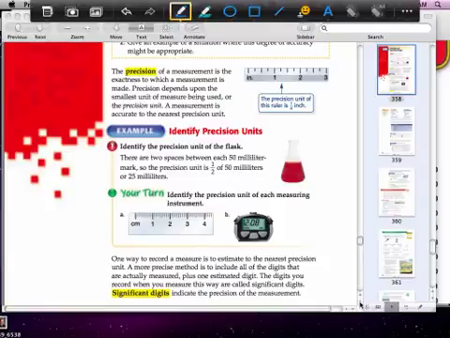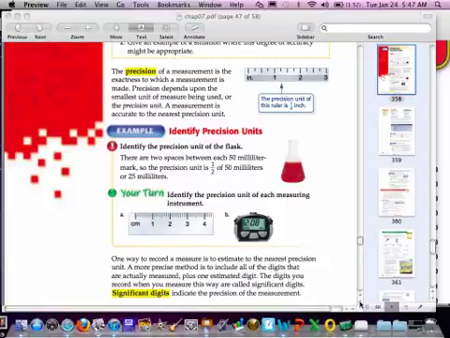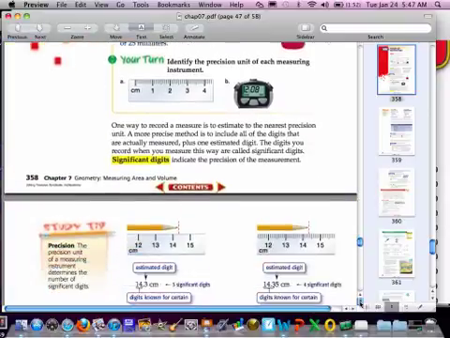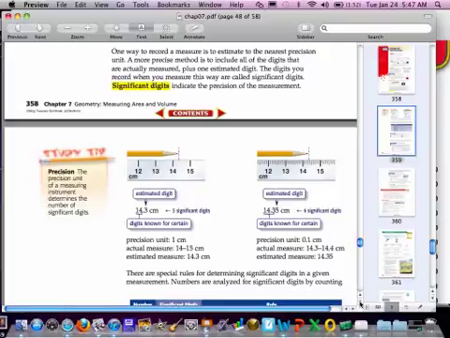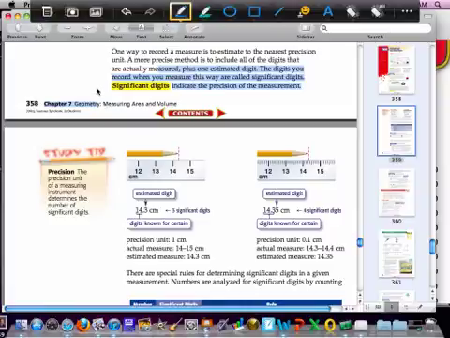Alright, let's go down and look a little bit down here. We talk about one way that we can record these measurements using precision, with something we call significant digits. Significant digits are the measurement that we have, the ability of the scale, plus one more place, one estimated digit.